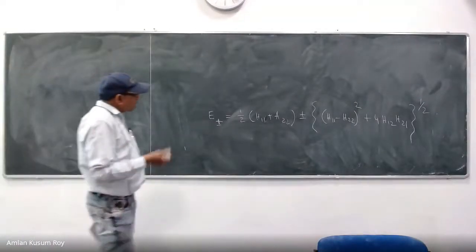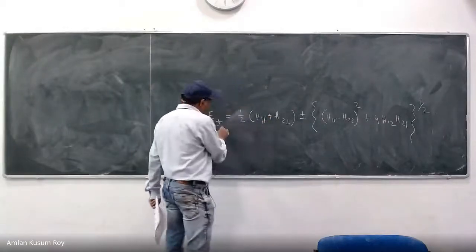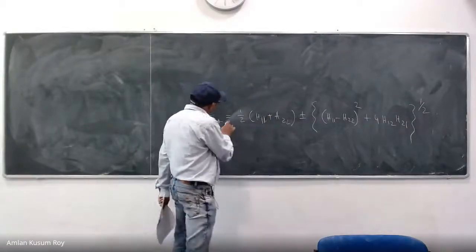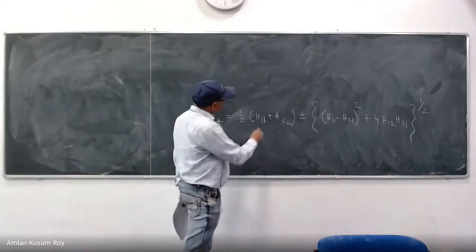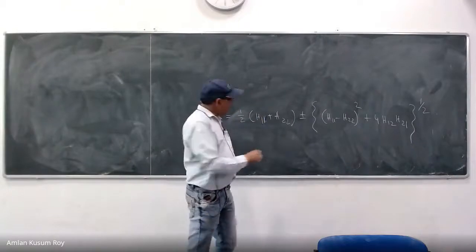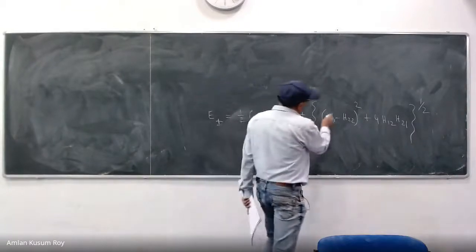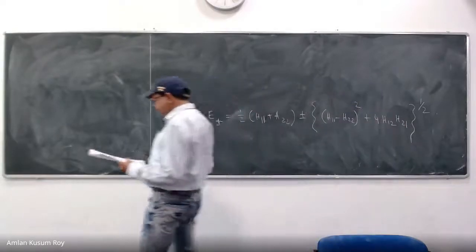But before I can make any comment about the general nature of E plus and E minus, you see that I am at a loss to deal with this equation because it requires me to understand certain matrix elements: H11, H22, H12, H21. So let us understand that.